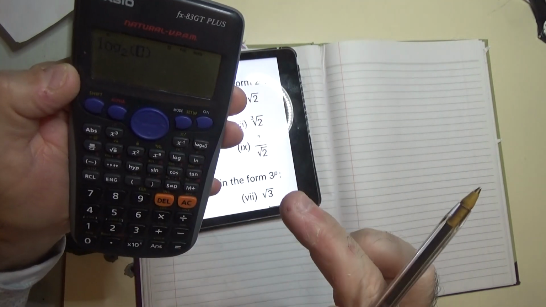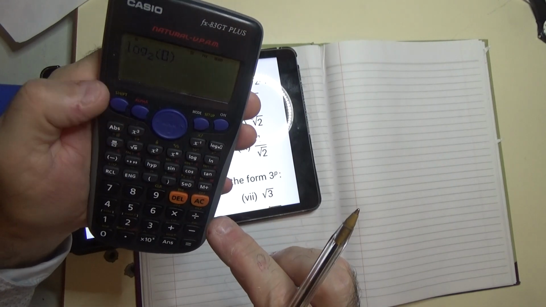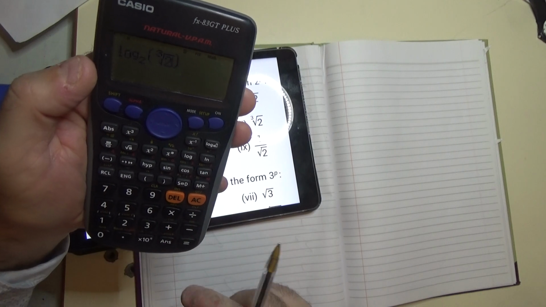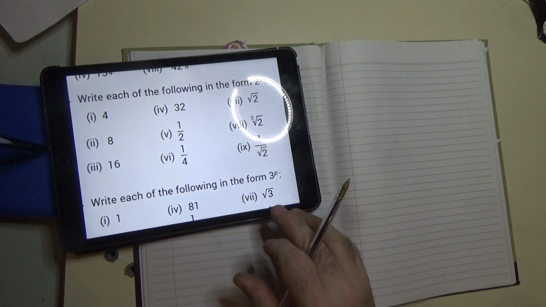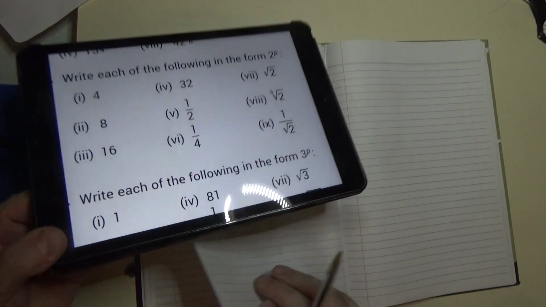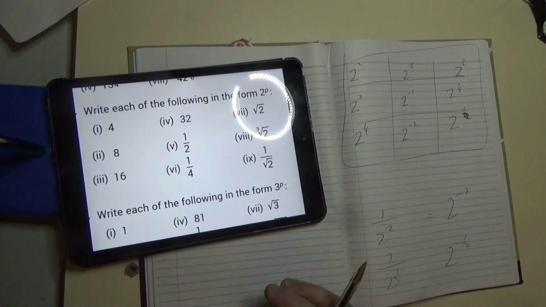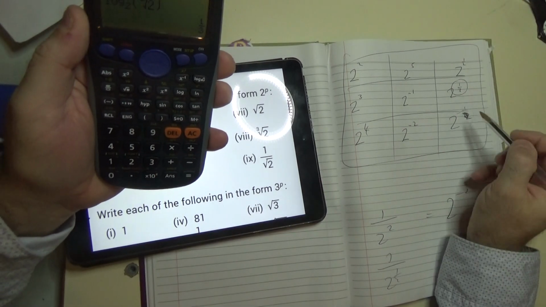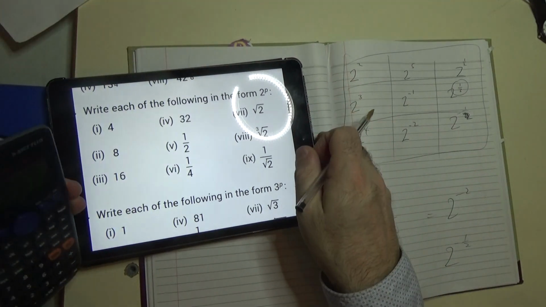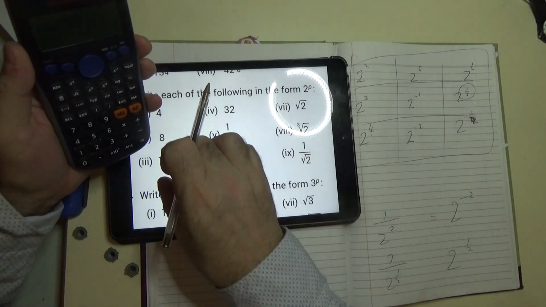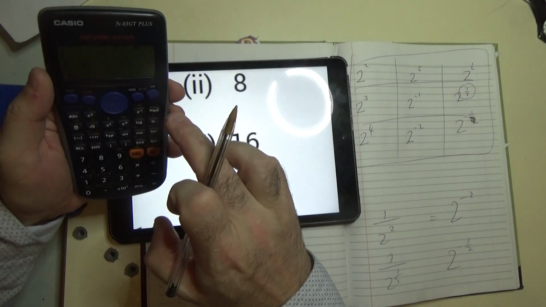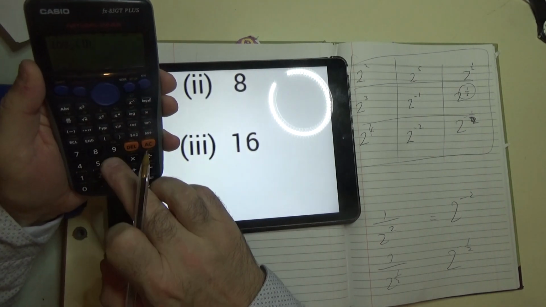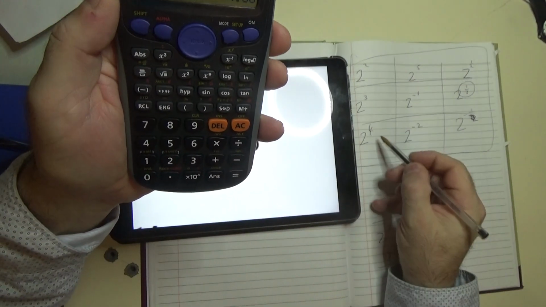Log 2, jump forward, cube root of 2 is a third. Okay, down to the 16. Log base 2, 16 is really a power of 4.